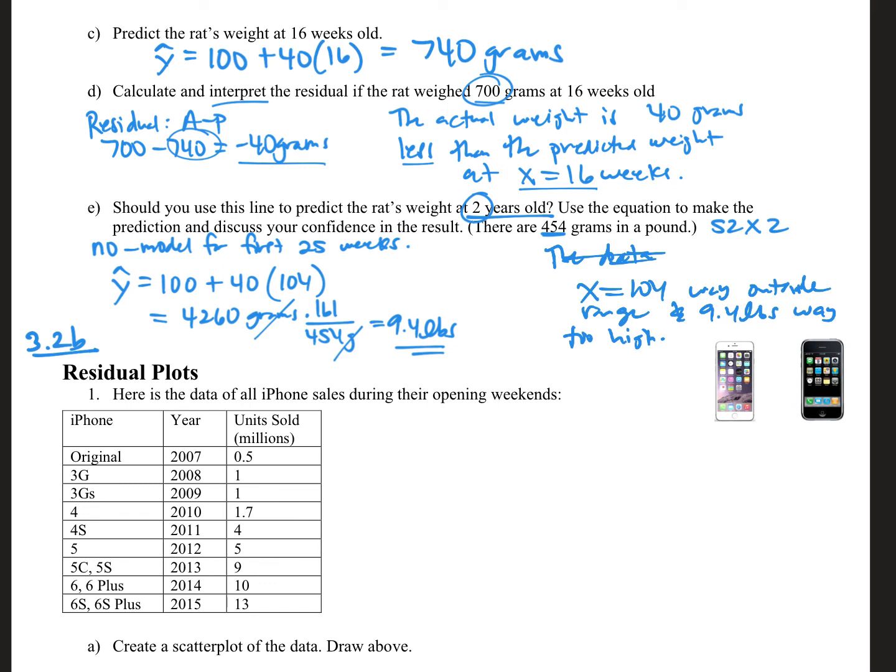There's no way it's just going to keep getting bigger and bigger till it dies. And then we could say that this is extrapolation. So you might want to know that word, extrapolation.